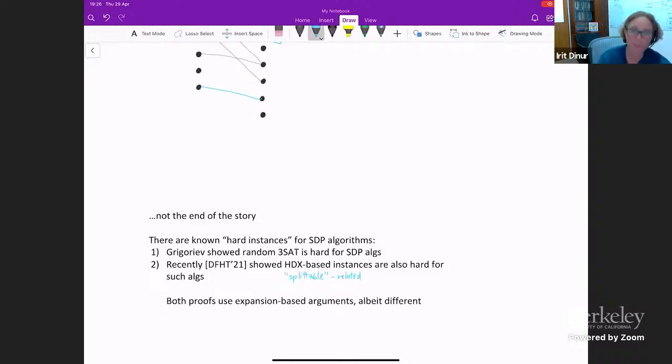Those instances that previously we talked about and said that they're easy, very related instances coming from high-dimensional expanders, we showed that they are hard. So there is some very strange phenomenon going on over there, which I don't understand. High-dimensional expanders are a completely new object, relatively.